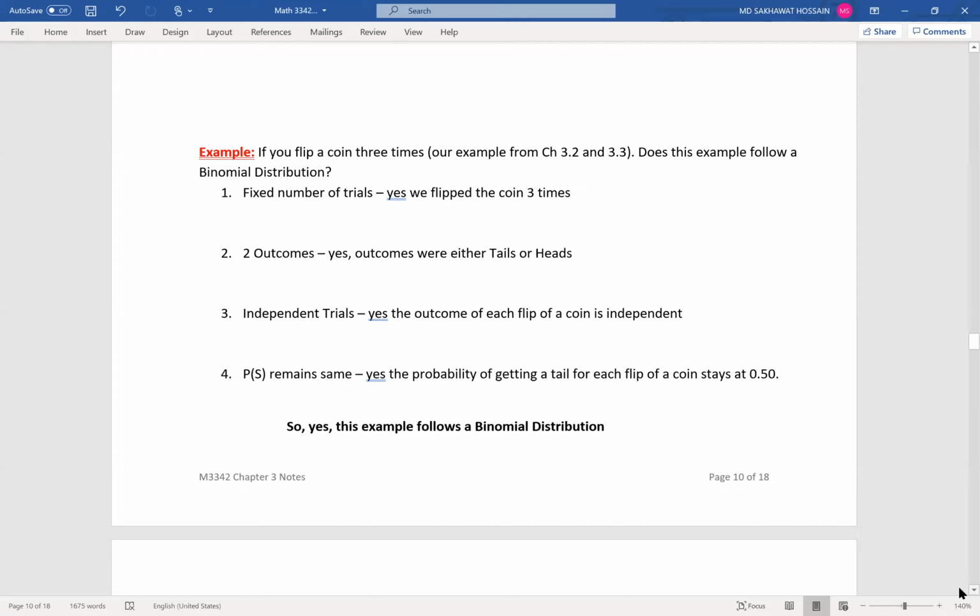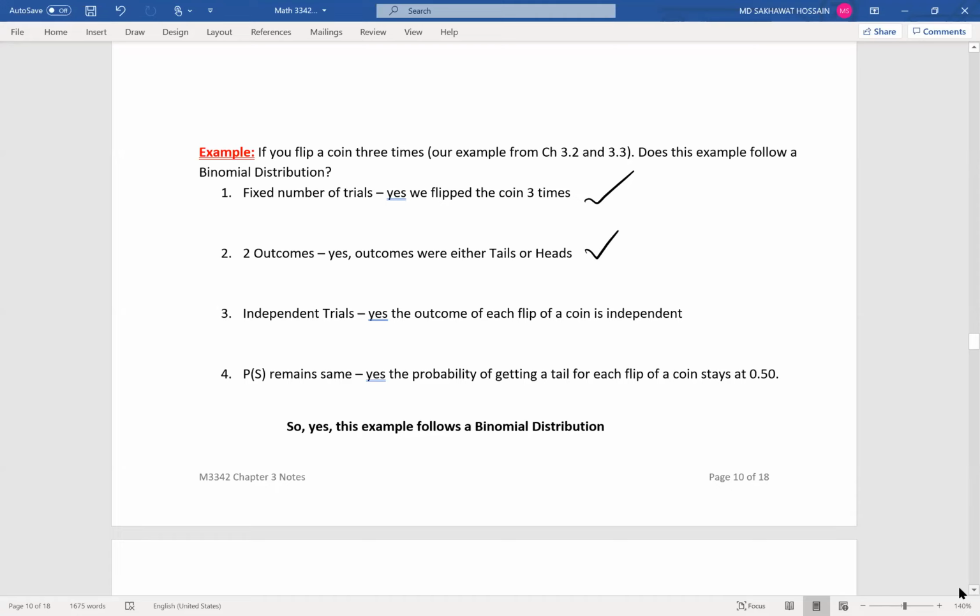Since we are flipping the coin 3 times, the experiment has a fixed number of trials, 3 trials. So the first one is okay. The second one is only 2 outcomes. In each trial, if you flip a coin, you will have either head or tail. So we have only 2 outcomes, and that is also correct.